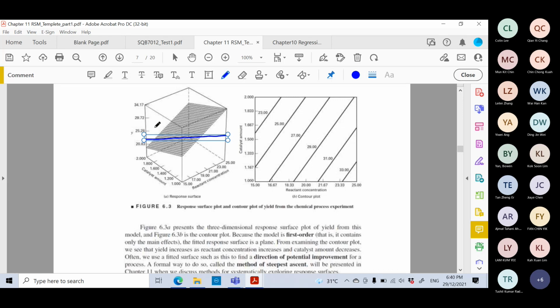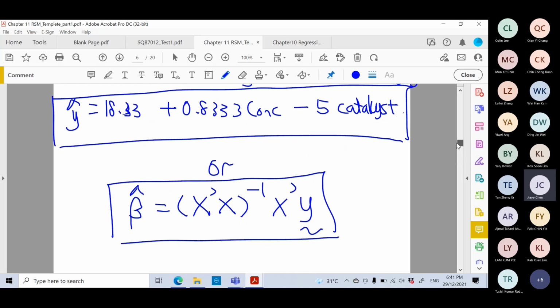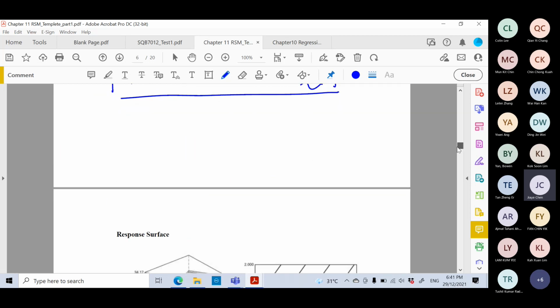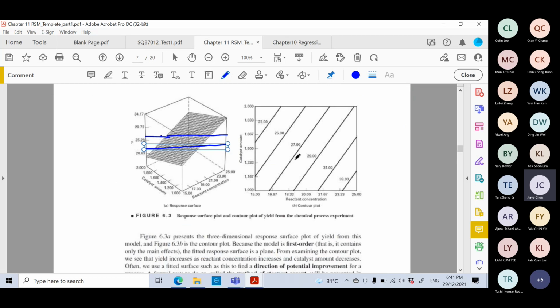You cut another plane here, and you get another line. Of course you are not doing it manually; you're using the computer to do it. Then you will get all these lines. Because your equation is linear, you expect to get a linear graph.